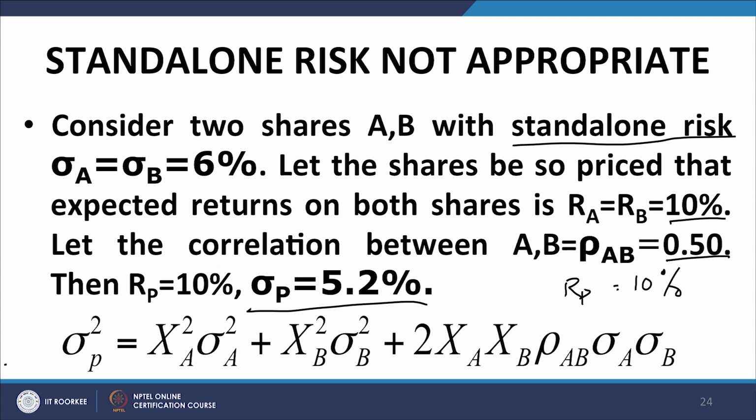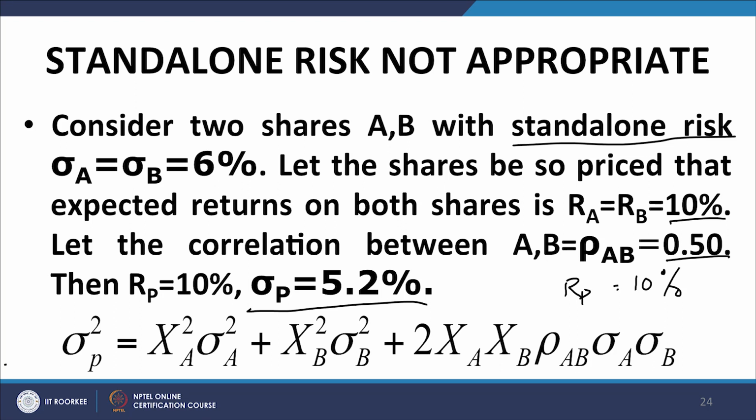And both the securities are priced in such a way that the expected returns are also 10%. So, both securities for the moment have the same standalone risk and they are priced to the same return, which is 10%. Let the correlation between the two securities be 0.50.